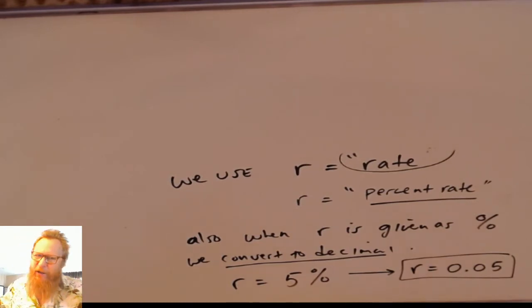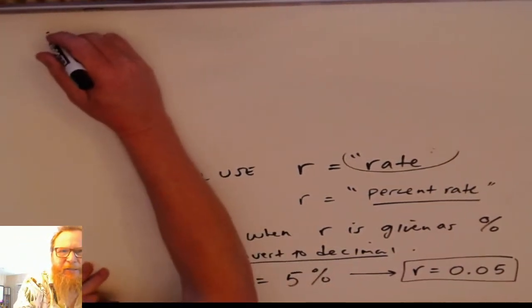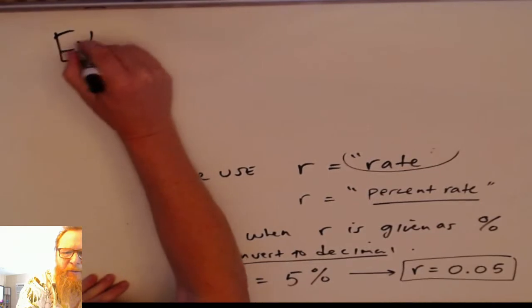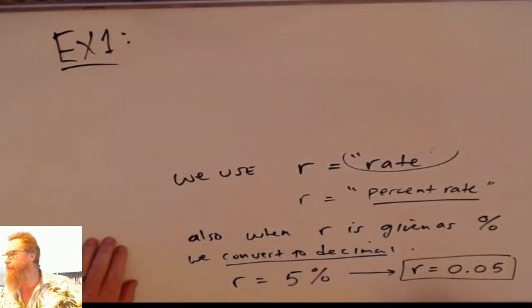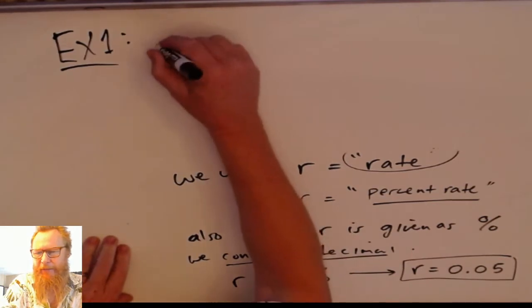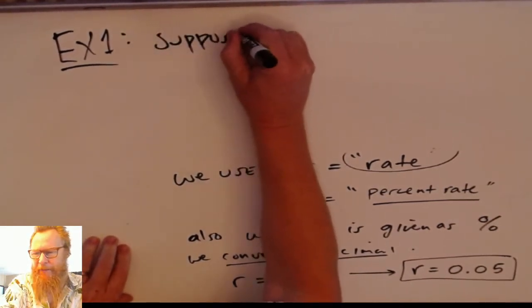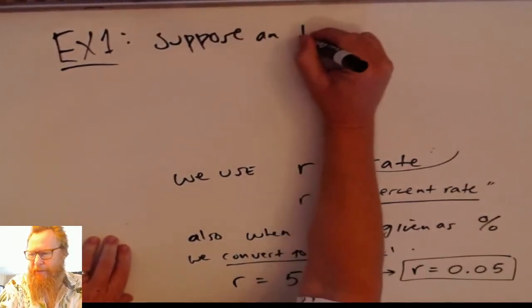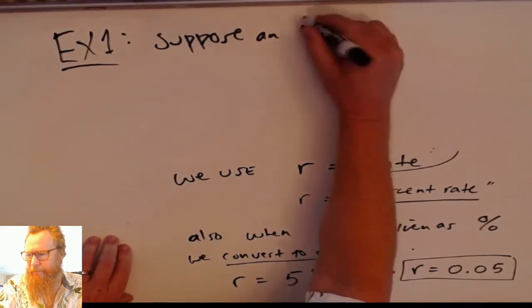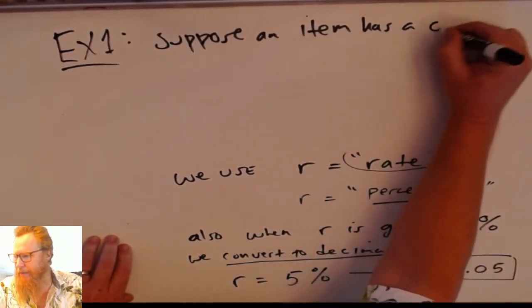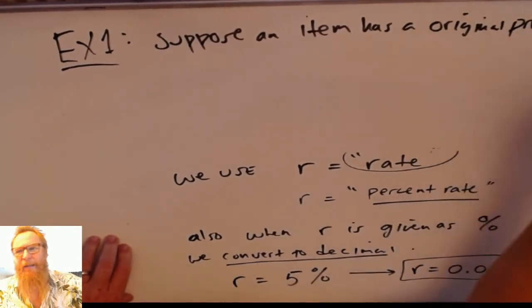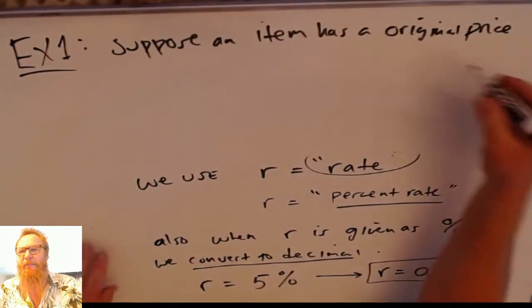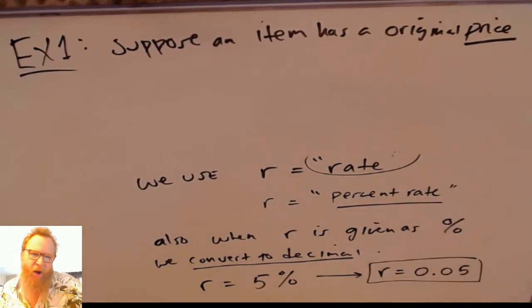There aren't really a lot of new formulas in this section, so I can just go ahead and give you an example of the kind of thing we'll talk about. Let's start with tax. Suppose an item has an original price. I say original price, but I could probably just be lazy and call it the price.